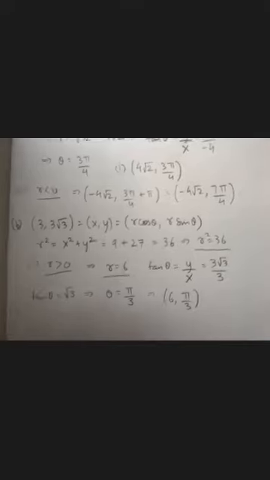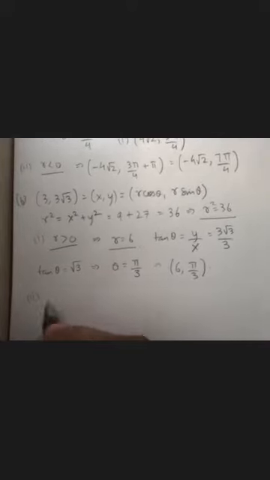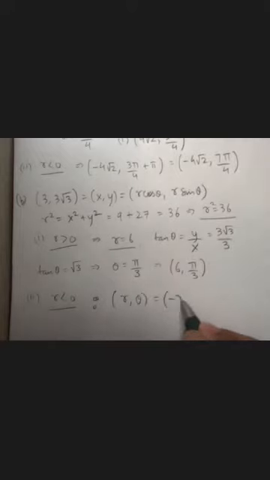Now for part 2, we want r to be negative. And then we use this relation again. So we start with 6 comma pi over 3.